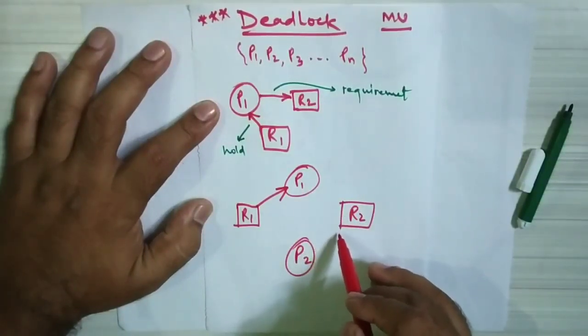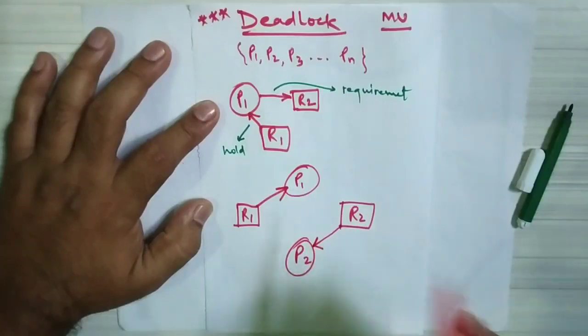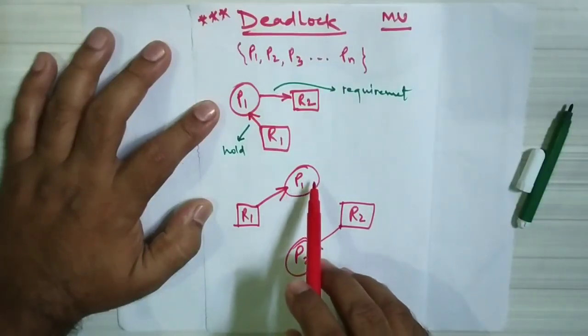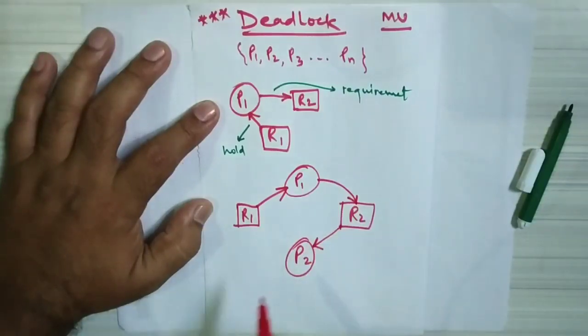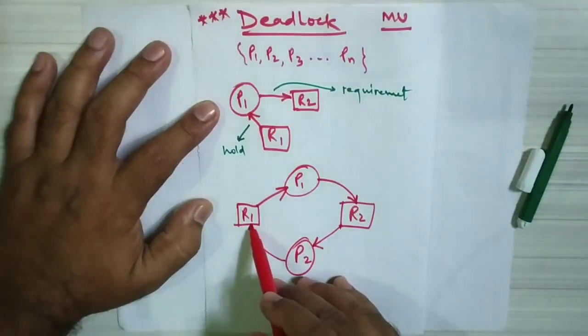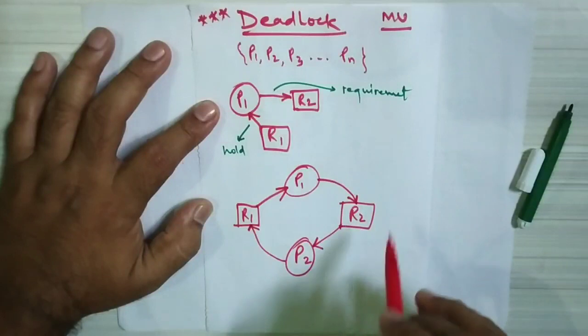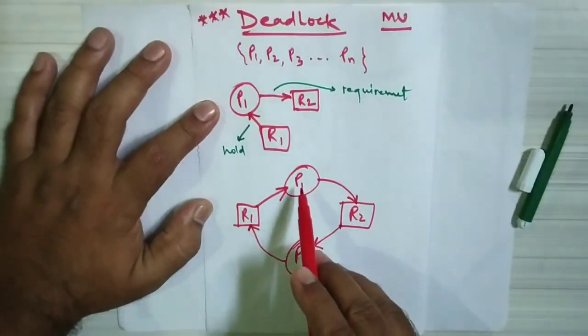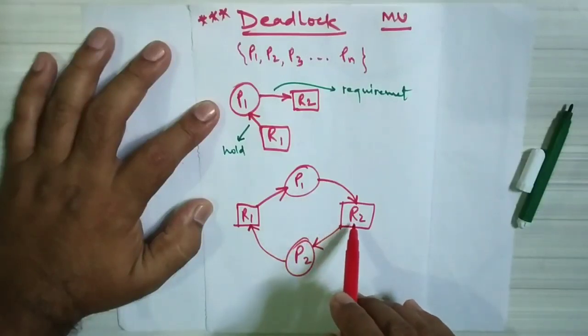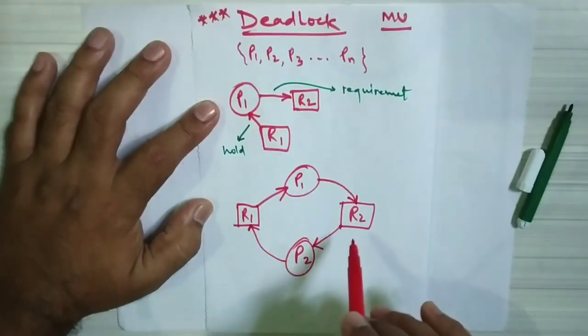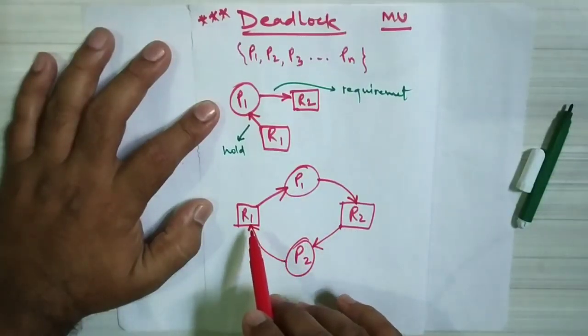Now p1 has a requirement of r2, and p2 has a requirement of r1. So p1 holds r1 and requires r2, while p2 holds r2 and requires r1.